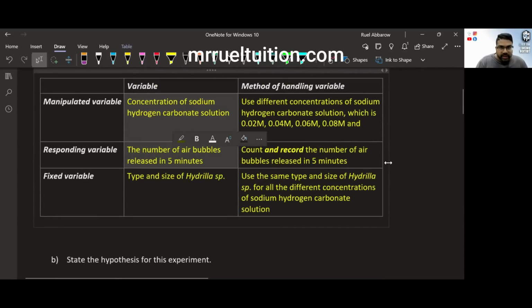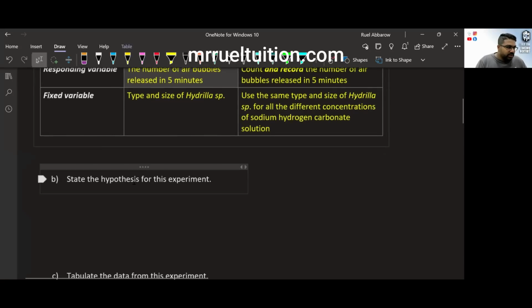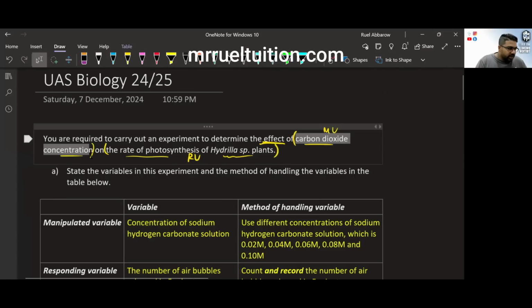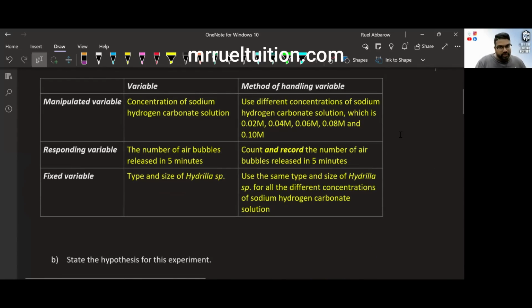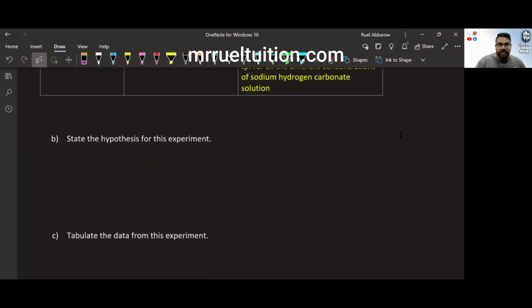They use the theoretical variables. Okay. So when we are stating the hypothesis, we go back to the question here. Carbon dioxide concentration and rate of photosynthesis. Okay. Once again, this is purely based on what's in your textbook. And that would be the best reference to follow. Okay. That's all I can say.